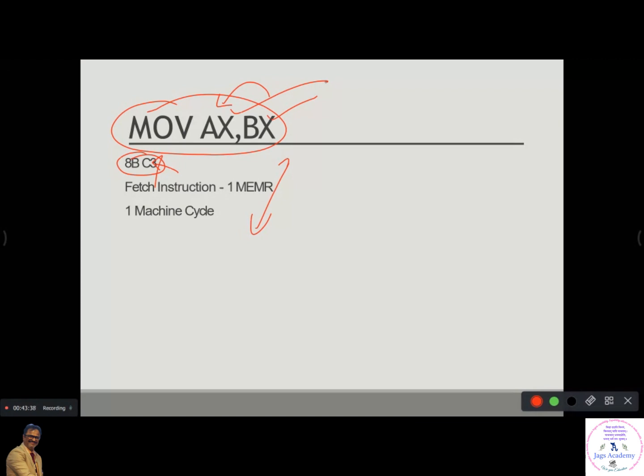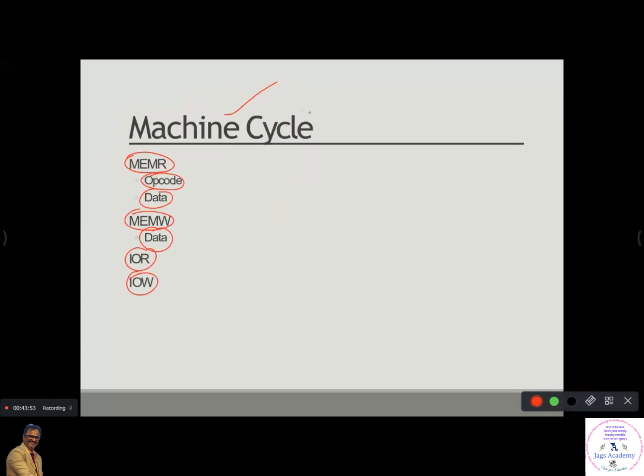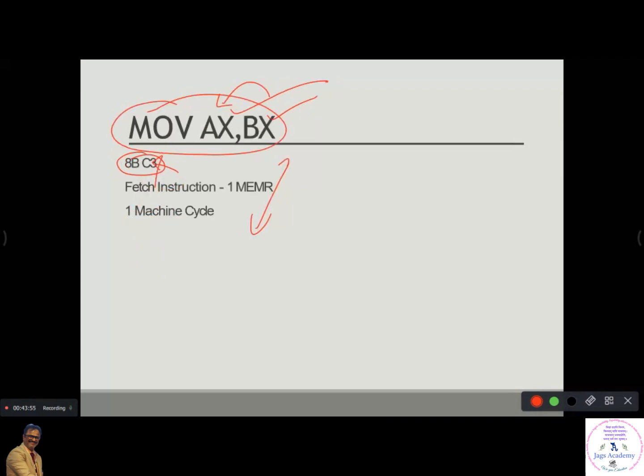Only one. Have you understood why only one machine cycle is required? Because there is only instruction fetch involved, nothing else. To execute this instruction you require only one machine cycle, and that is for opcode fetch. Remember this. It's very important.